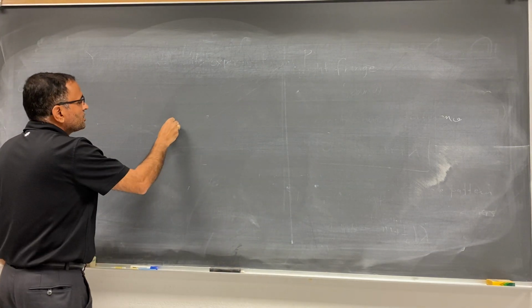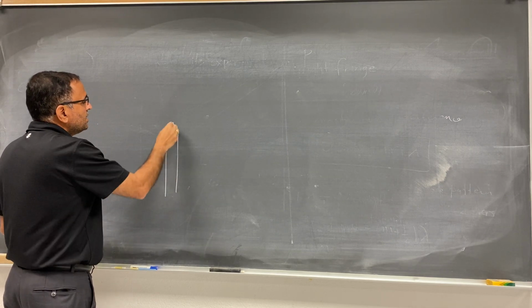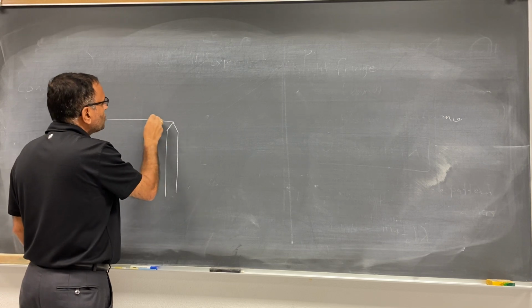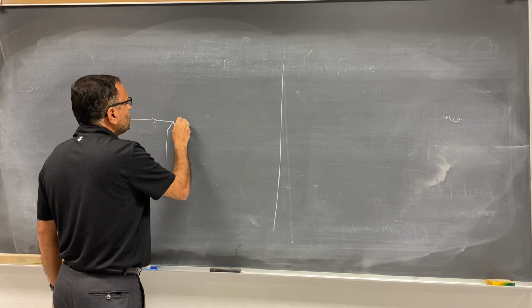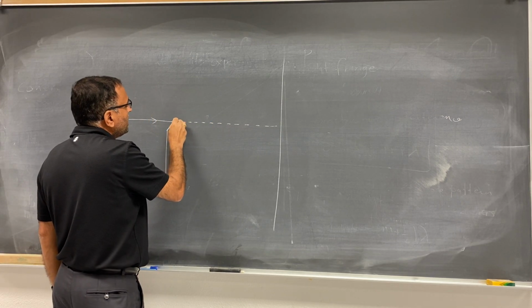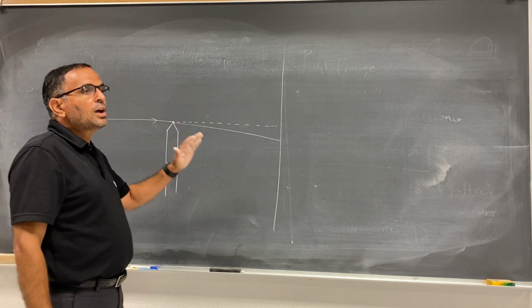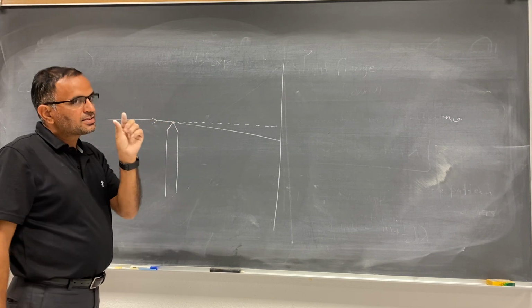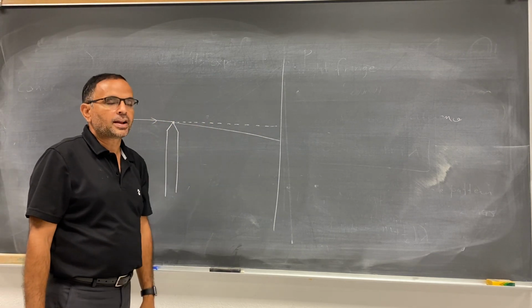If you have a blade like this, and light is coming this way, and you have a screen here, light is supposed to go straight, but right here light bends a little bit. The bending of light around a very sharp edge is called diffraction.